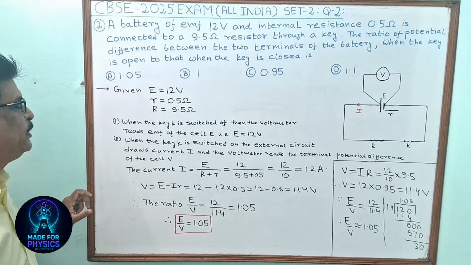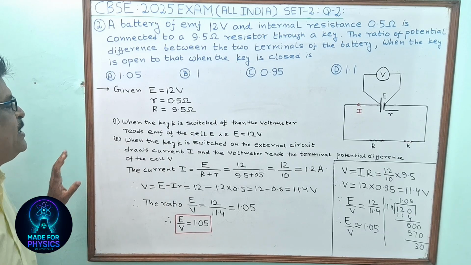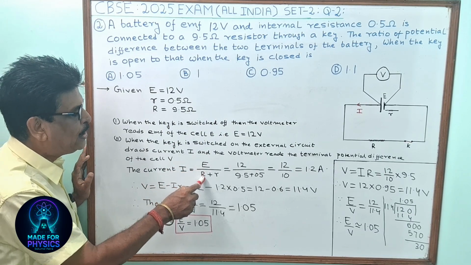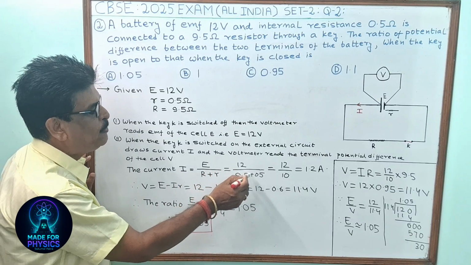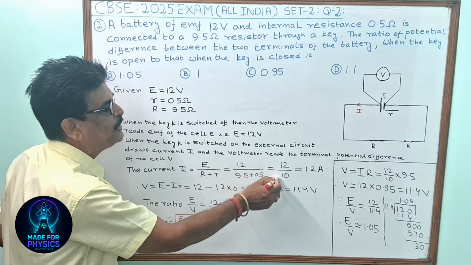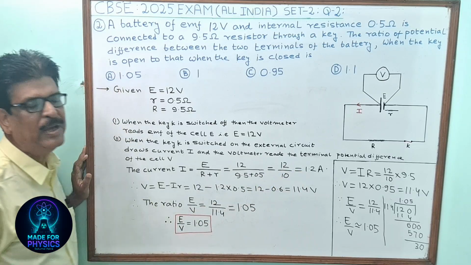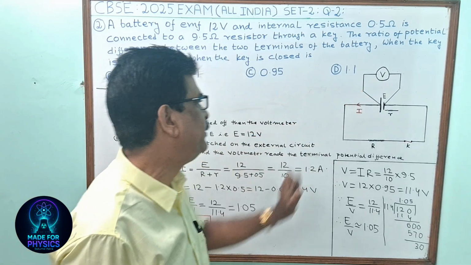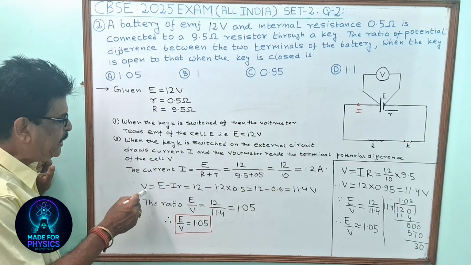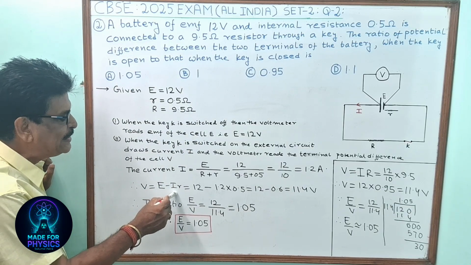In order to get the current in the circuit, it is EMF by total resistance of the circuit. So that is 12 by 9.5 plus 0.5, that is 12 by 10, and that is 1.2 ampere. That is the current flowing in the circuit. And what will this voltmeter read? The voltmeter will now read V equals E minus Ir.